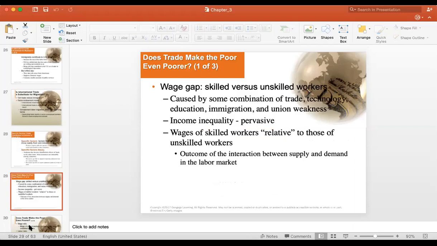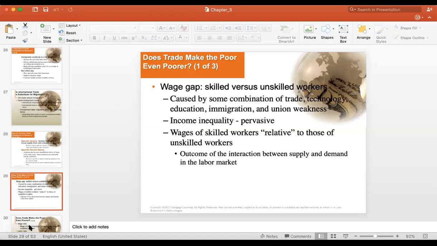Okay, the other thing that we want to explain here is, does trade make the poor even poorer? In other words, does trade widen the gap between the wages of the skilled and the wages of the unskilled?